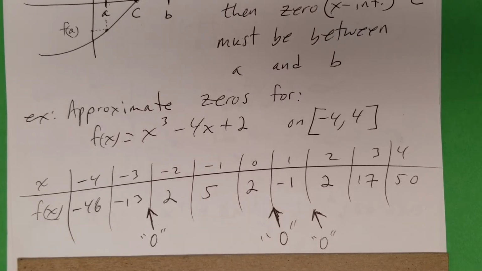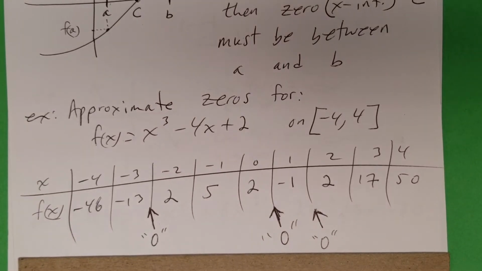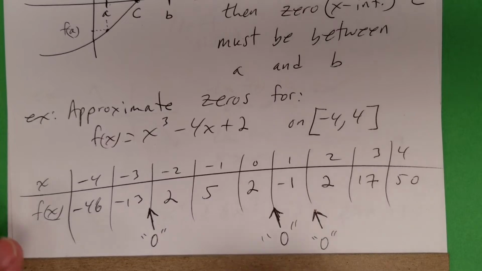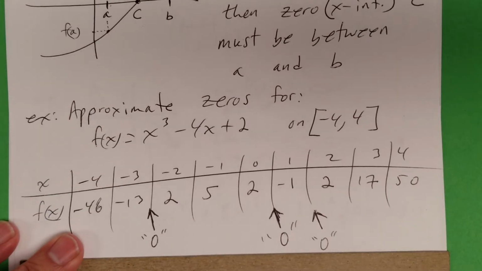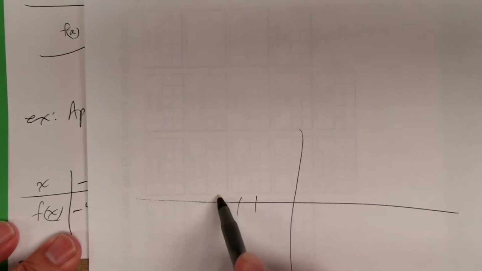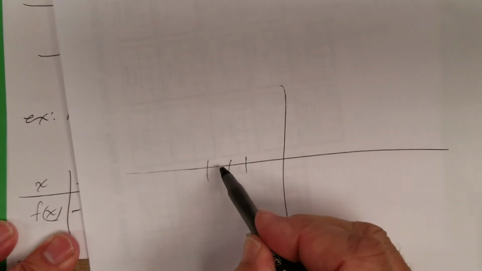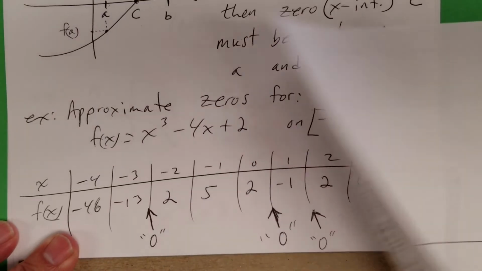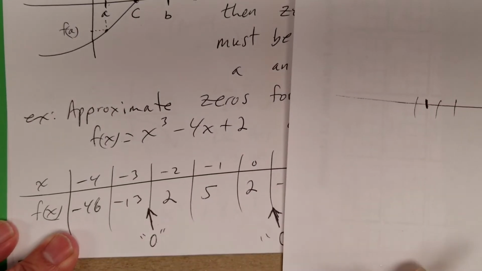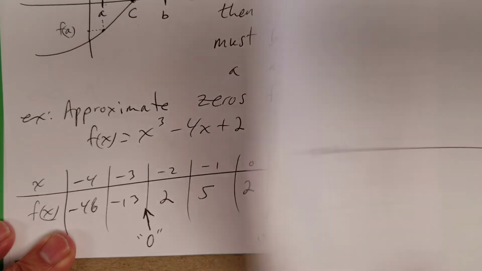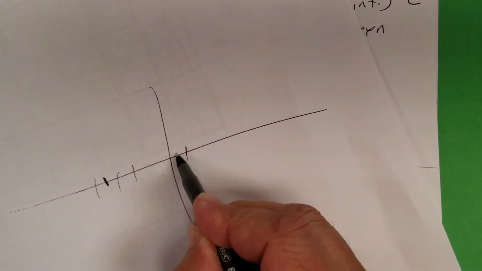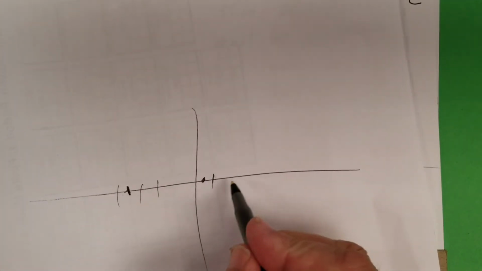So we'll talk more about this in class, but if I had scratch paper, I would imagine that the graph goes through -3, -2. So it goes through here, between -3 and -2, and then it goes through 0, 1. It goes through here, and between 1 and 2, it goes here.